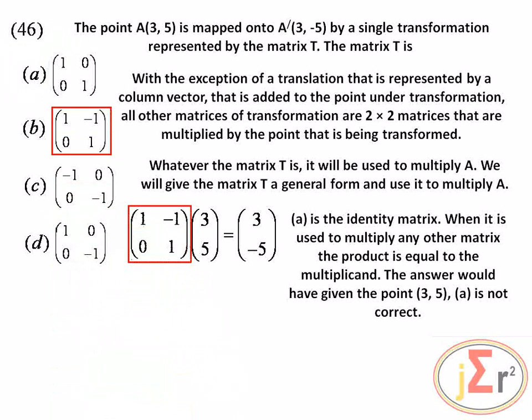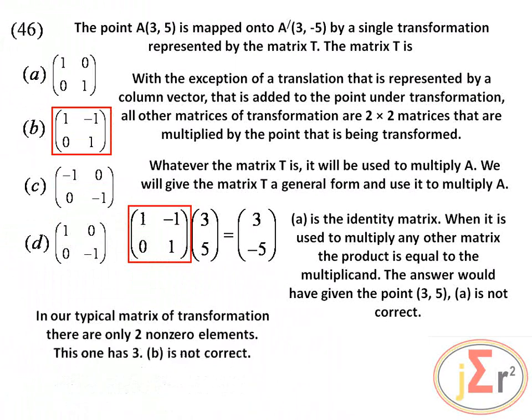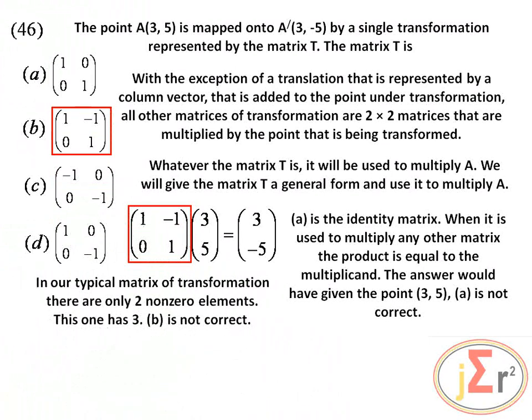The other one, what do we know? In our typical matrix of transformation, there are only 2 non-zero elements. This one has 3. B is not correct. Typically, the matrices of transformation that we use for the CSEC are given with 2 non-zero elements.